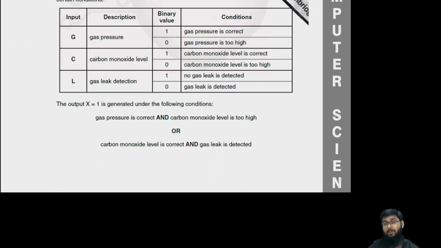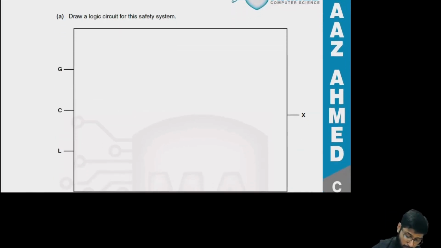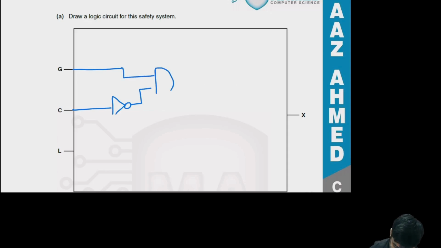That means I need to place a NOT gate over C. And C, I need to place a NOT gate. So an AND gate is applied over here.